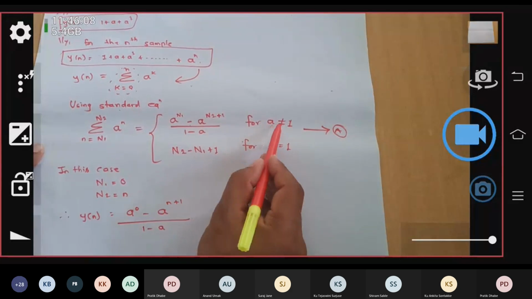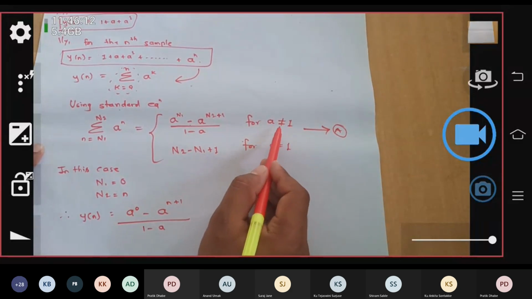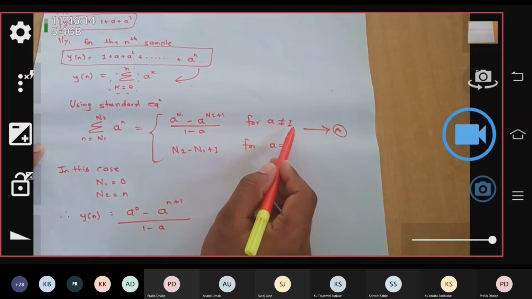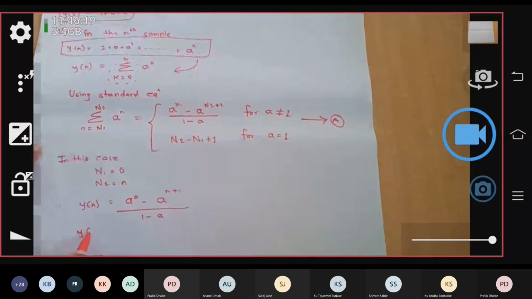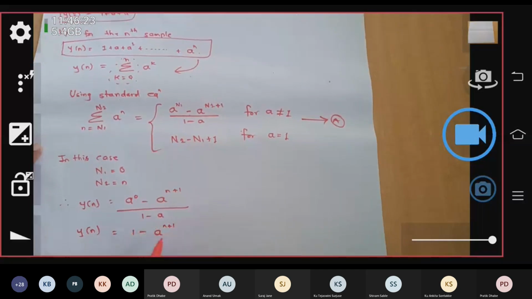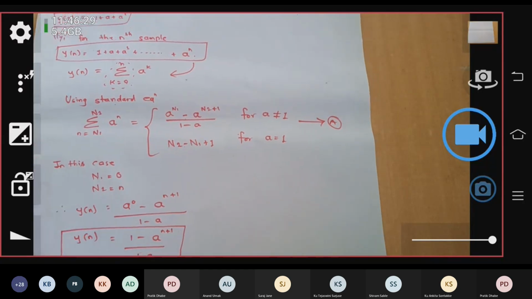Why? Because a is not equal to 1. It is already given in the question that a is less than 1, and when a is less than 1, it simply means that a is not equal to 1. So when you solve this, you will get y of n equals to 1 minus a raised to n plus 1 upon 1 minus a. So this is your actual result of the convolution.